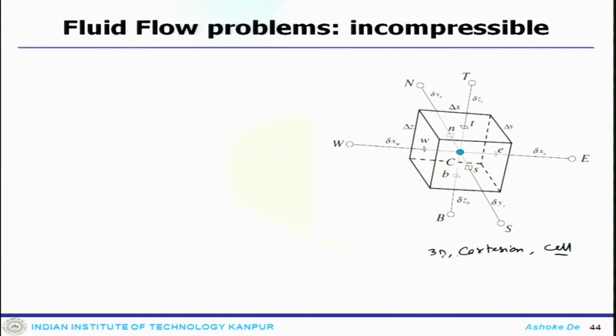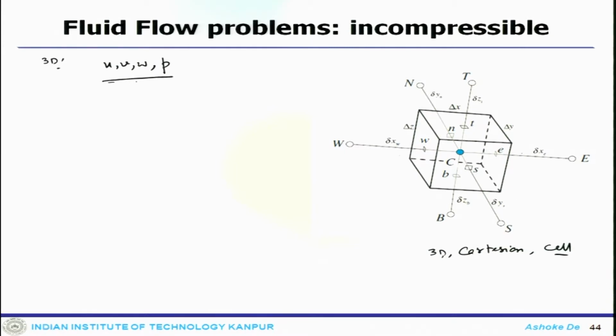In 2D you had 4 faces, now in 3D you have 6 faces: east, west, north, south, top, bottom. So, in 3D your fields would be u, v, w and pressure.